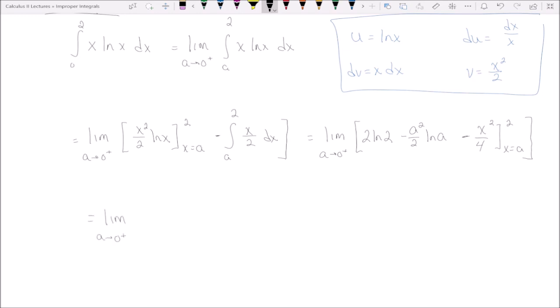So we're going to go limit as a approaches 0 from the right of 2 log 2 minus a squared over 2 log of a, minus 1 plus a squared over 4. Okay. Split this up.